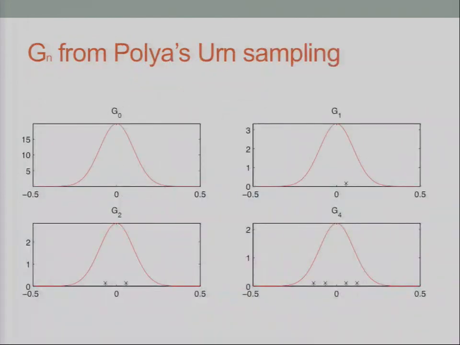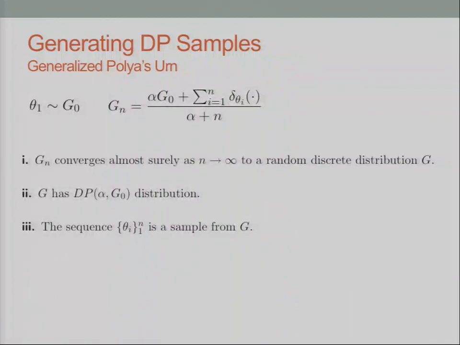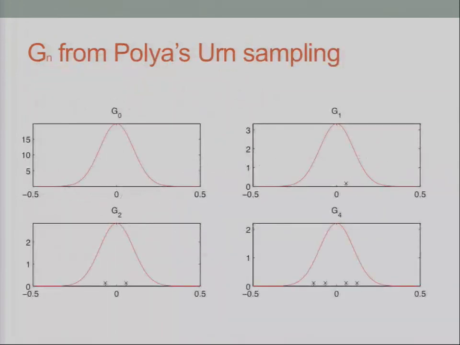Okay, so here's an example of doing that. We start with a base distribution like this, a Gaussian base distribution, that's G0. We sample from this, and we sample this location. So it's going to have some weight. Basically, its weight is going to be 1 over alpha plus n, and the weight of the G0 distribution is going to be alpha, like this.